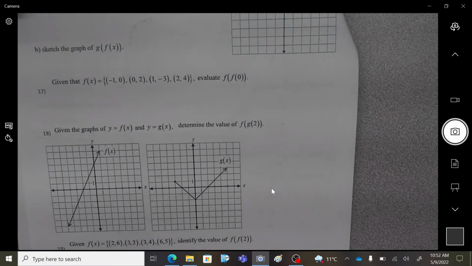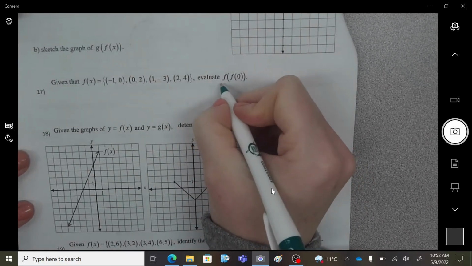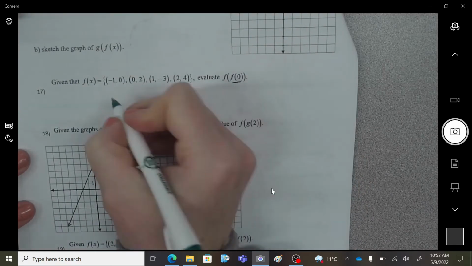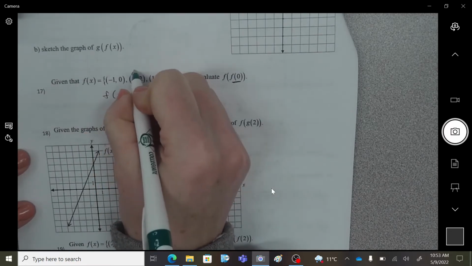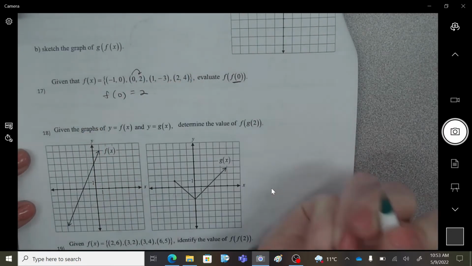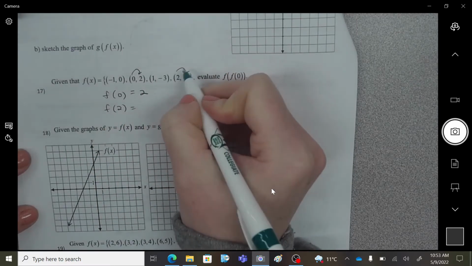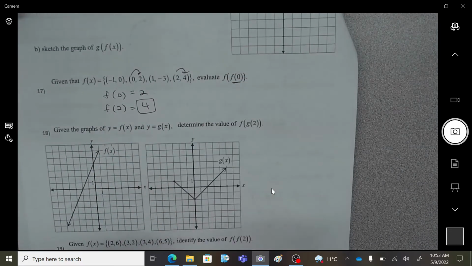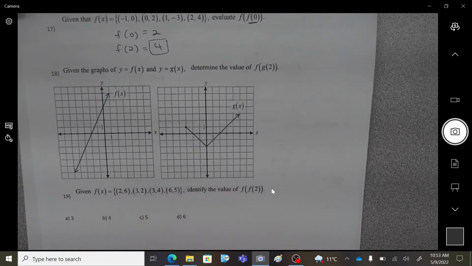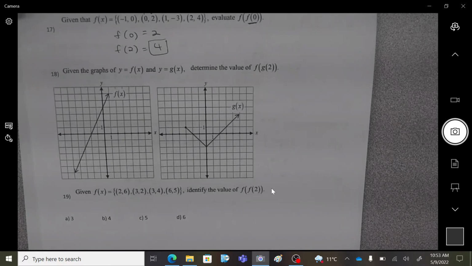Number 17, I'm given these points to evaluate f of 0. So f of 0 equals 2. Now f of 2 equals 4. And that's my final answer. Given the graphs of the f and the g, determine the f of g of 2.